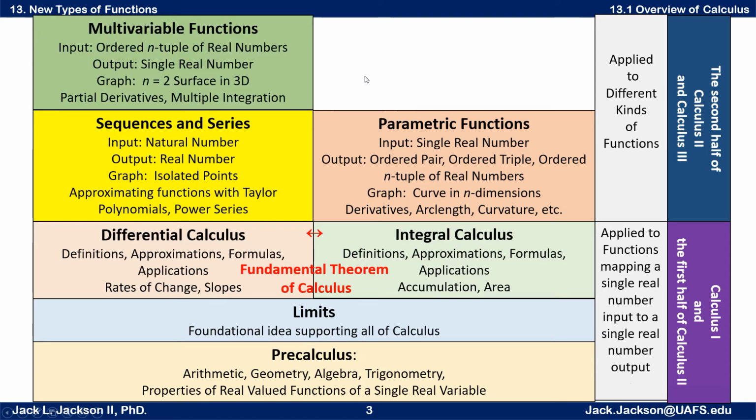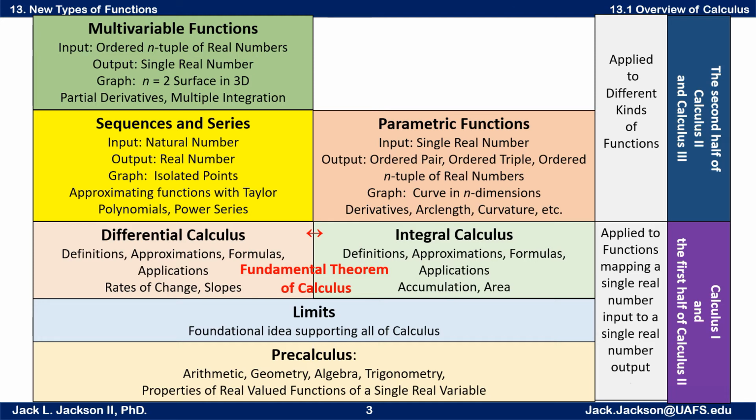Now, we also have two main kinds of functions that we're going to be looking at in Calculus 3, in addition to parametric functions. We're going to be looking at multivariable functions. So the input on those is an ordered n-tuple of real numbers and the output's a single number. So if n equals 2, then what we're saying is we're given an ordered pair, an xy coordinate, as the input, and the output is another coordinate, say a z coordinate.